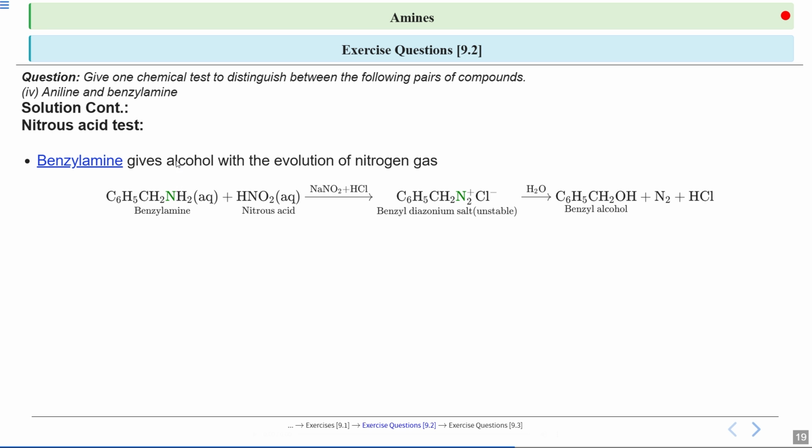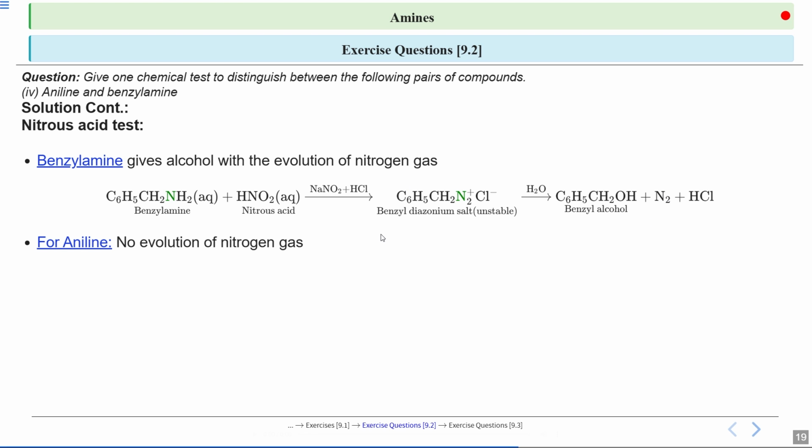When you react benzyl amine with nitrous acid in presence of NaNO2 and HCl, it gives benzyl diazonium salt, which is unstable, and it further gives alcohol, N2 gas, and HCl. It decomposes in water to give benzyl alcohol, N2 gas, and HCl.